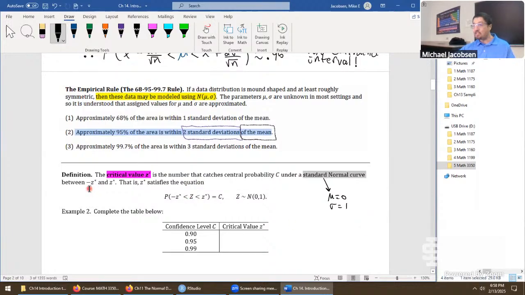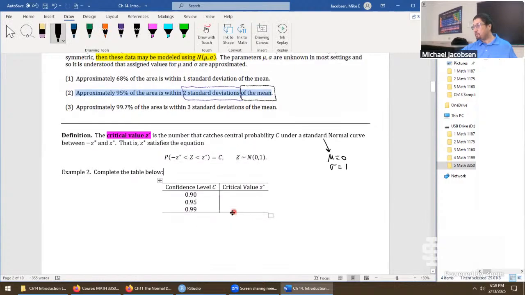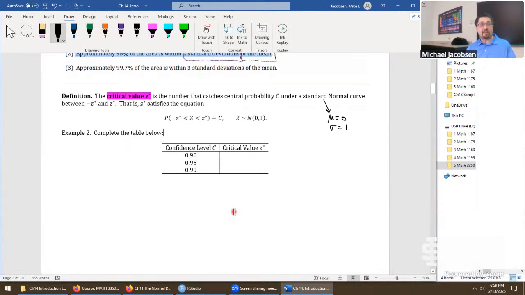So we'll go between negative z star, positive z star to give this full statement. Z here just means that uppercase Z is distributed normally with those parameter values mentioned. So completing the table here isn't really necessary. We can recalculate Z star pretty rapidly in RStudio. But think of this as just a way for us to practice calculating any Z star.